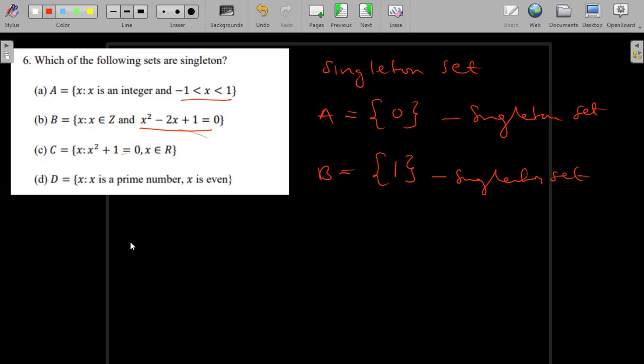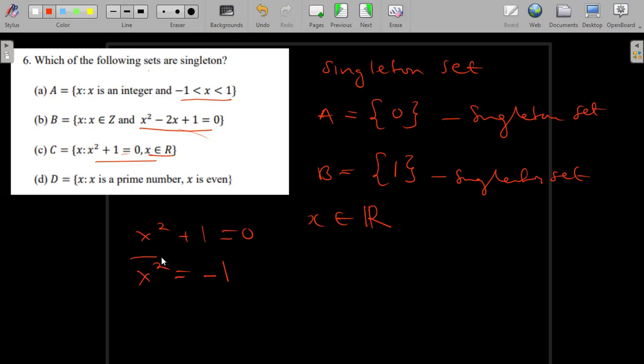So let's check now set C. C is defined by this equation, x squared plus 1 is equal to 0. They're telling you that x is a member of the real numbers. That is very important to take note of. So what do you do next here? You take the additive inverse of 1, which is -1.